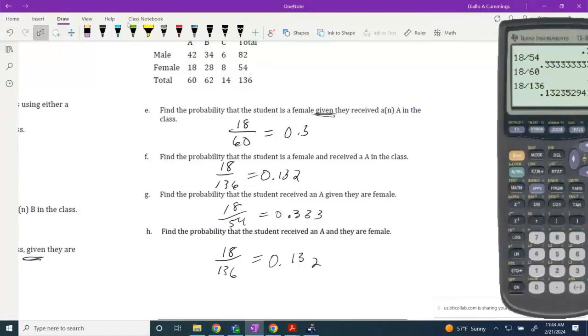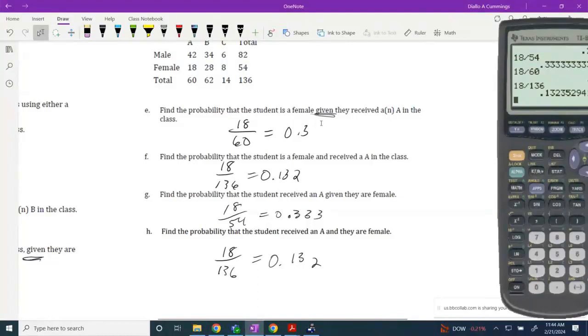You'll notice a lot of these questions look the same. But if you do not see the word given, then your denominator is going to be the row column total.